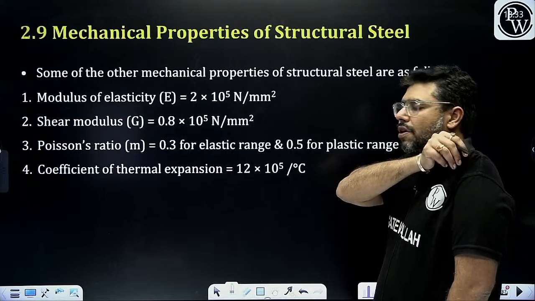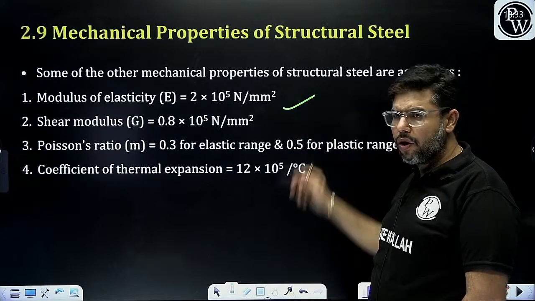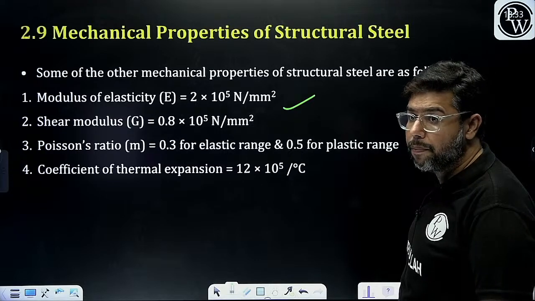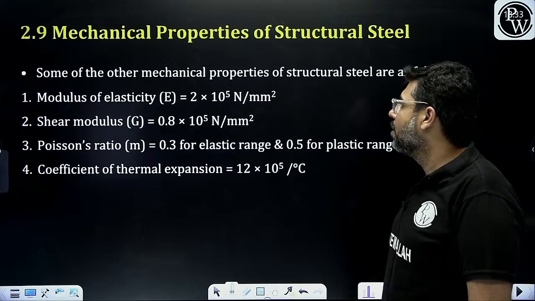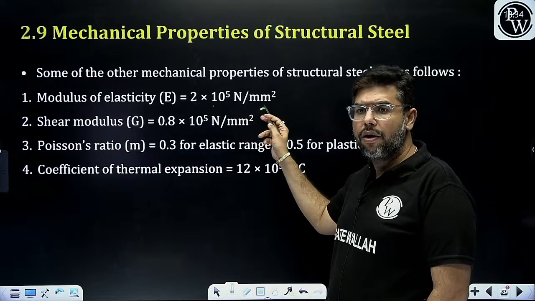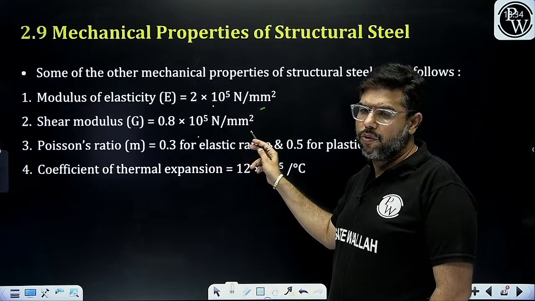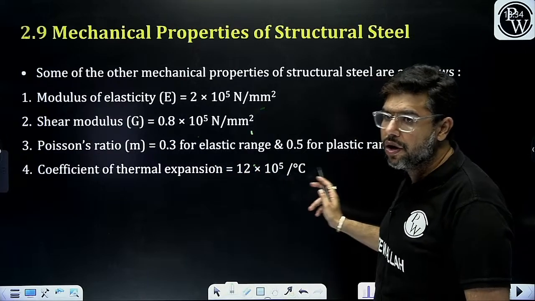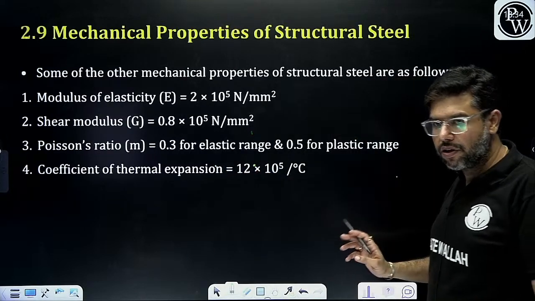These are the basic mechanical properties that we will use. Modulus of elasticity of steel is 200 GPa, that is 2 into 10 to the power 5 MPa. Shear modulus is 0.8 into 10 to the power 5 MPa. Poisson ratio is 0.3 for elastic range and 0.5 for plastic range.